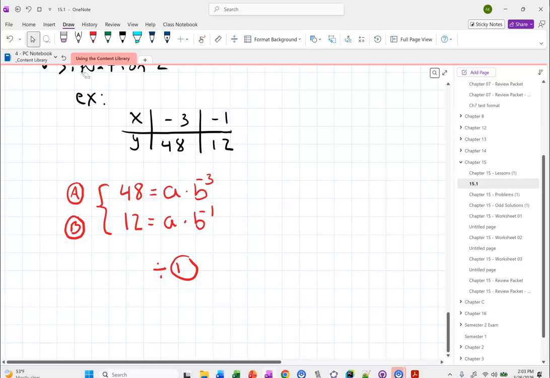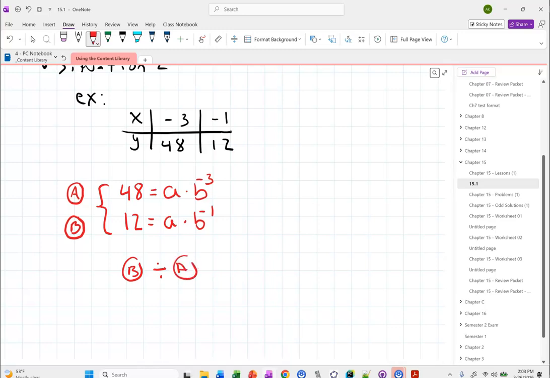I wrote the wrong thing though. It should be equation B divided by equation A, right? Does that matter? It makes life easier if you always do the bigger exponent of B divided by the smaller exponent of B. I guess it doesn't matter, but it should matter to you because it makes the problem a little easier to deal with.